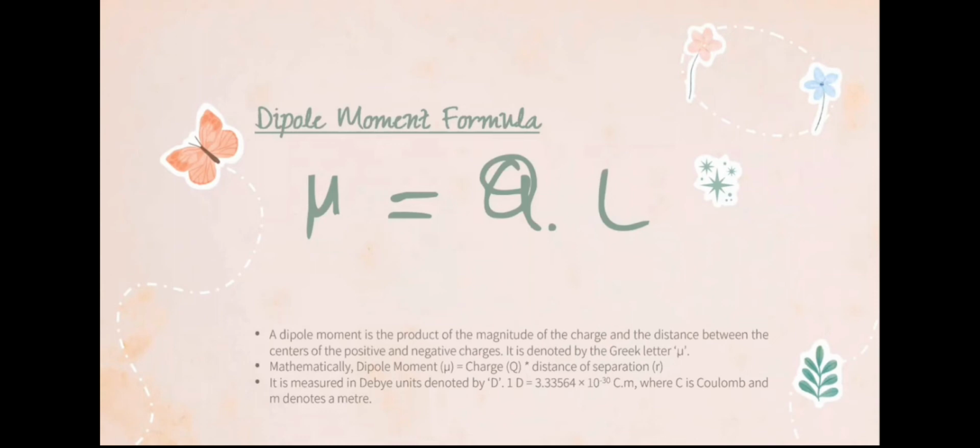It is denoted by the Greek letter mu, so mathematically, dipole moment or mu equals charge or Q times distance of separation or L. It is measured in debye units denoted by D. So, 1 D equals 3.33564 times 10 to the power of -30 C·m, where C is coulomb and m is meter.